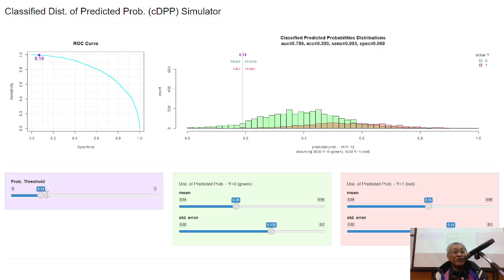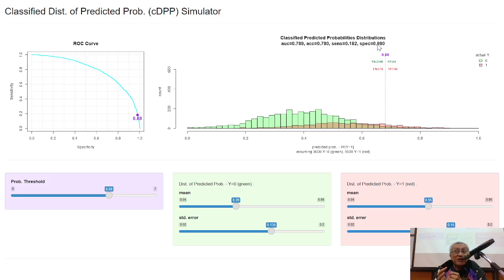But the lower the specificity. Okay, and if I raise the threshold, the higher the threshold, the lower the sensitivity and the higher the specificity. Okay.